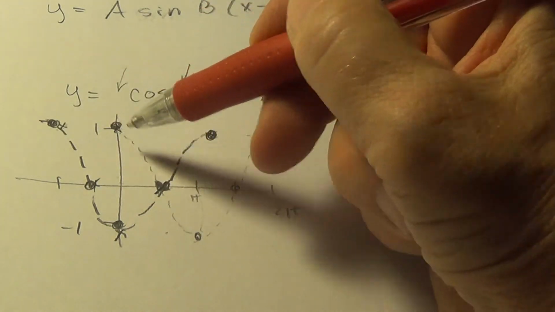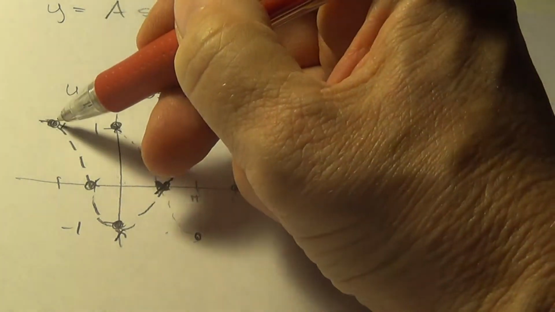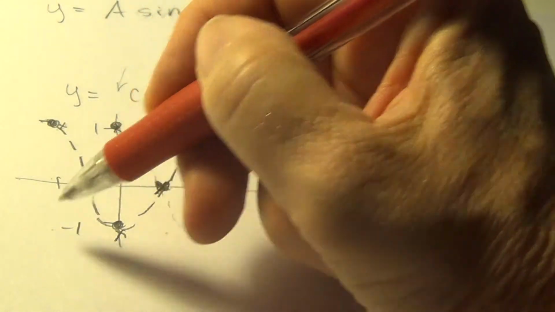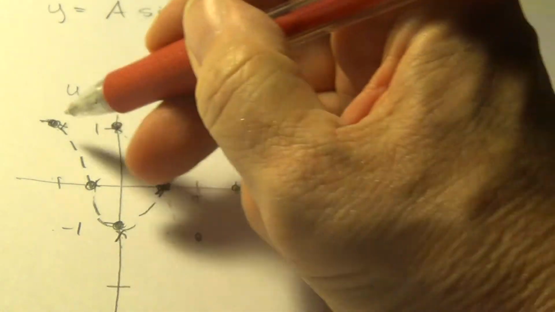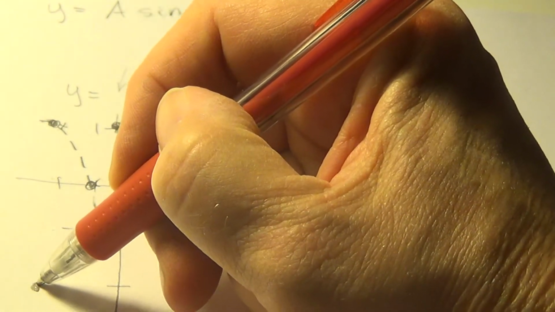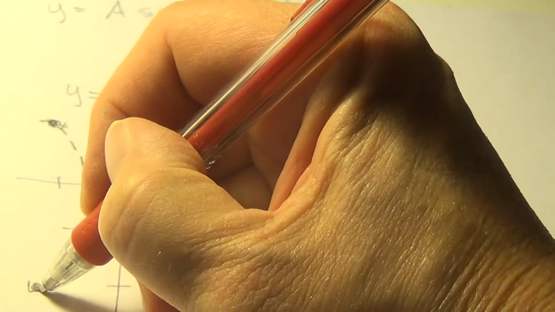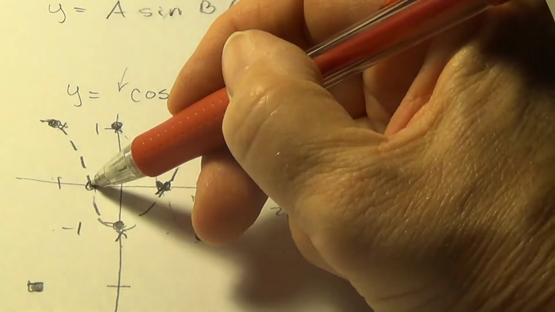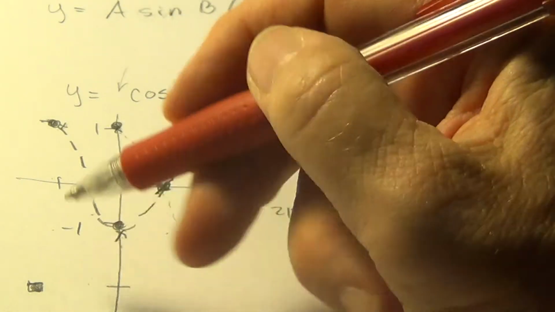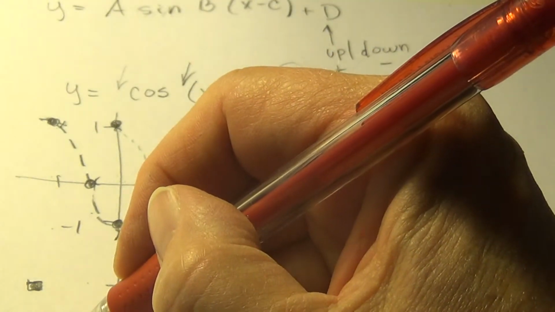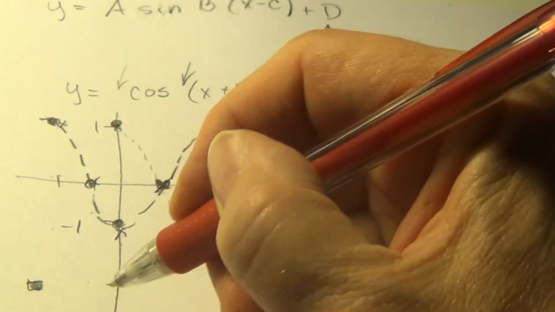So if I'm sitting at 1 and this is minus 1, this is going to go 1, 2, and 3 right here. Maybe I'll make a little square for that one. This one's going to go down 3. 1, 2, 3.